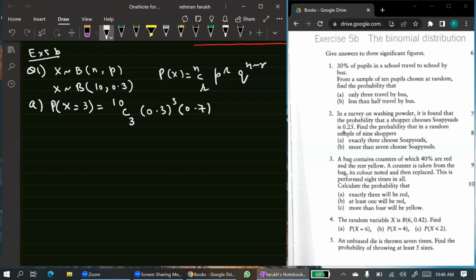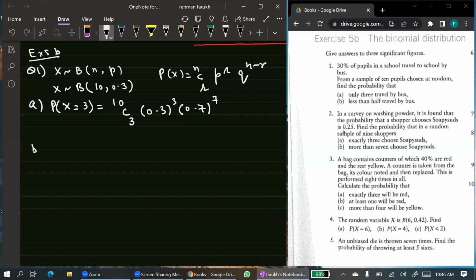And there are 7 failures. The probability of q is 1 minus p, that is 1 minus 0.3 is equal to 0.7. And its probability is this. Now, we will put the whole of this expression into the calculator to get the final answer.